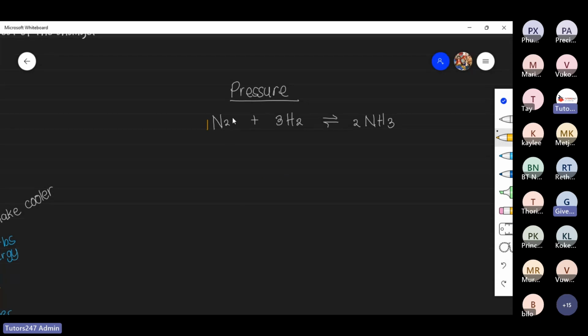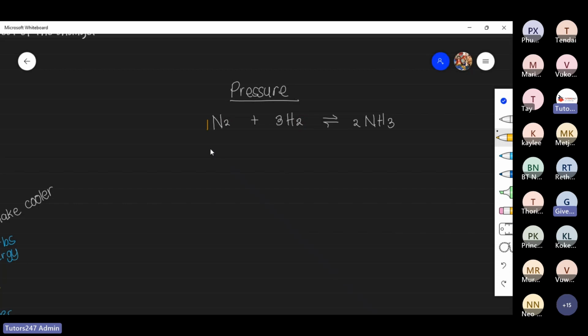Now, something else to take note of is that we are not adding these lowercase numbers, the numbers on the right. We're only adding the numbers in front of the substance or in front of the element. Those numbers on the right notify or tell us whether it's a molecule or how many atoms of that specific substance there is. We are looking at the moles, so we want the numbers in front.